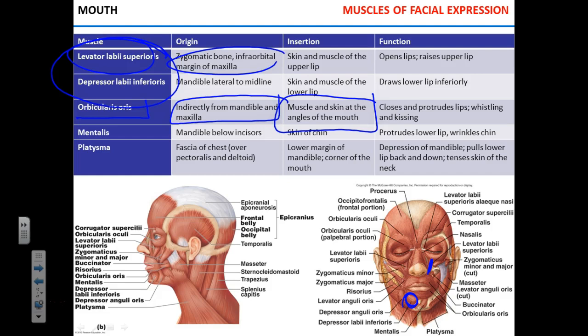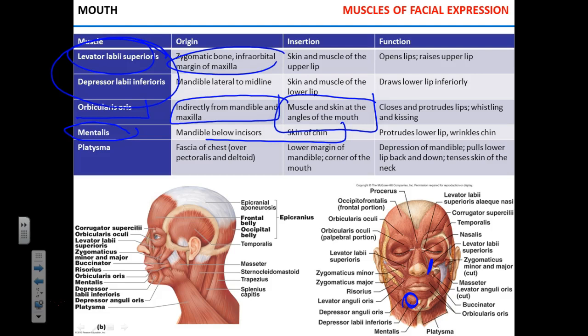You can see half of it under the number 15 on Birdie. We're good? Mentalis is the chin muscle. Number 17 on Birdie, and it allows you to do this.